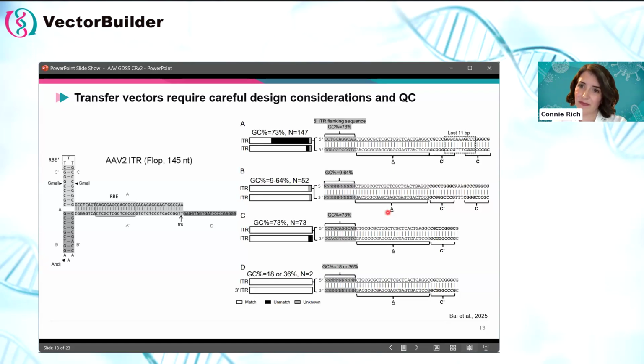Great. We have another question. Do you think AAV is the most promising gene delivery vector currently for all therapeutic applications? Oh, I love that question. It's a very hard question. I would say it very heavily depends. I'm so sorry, I hate saying it depends, but it depends on your particular application.